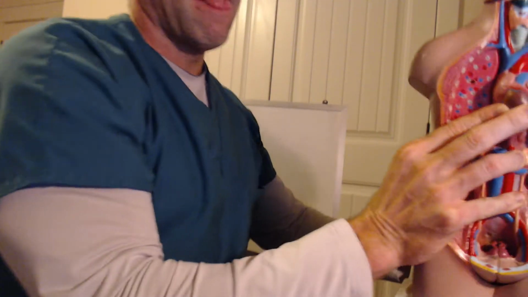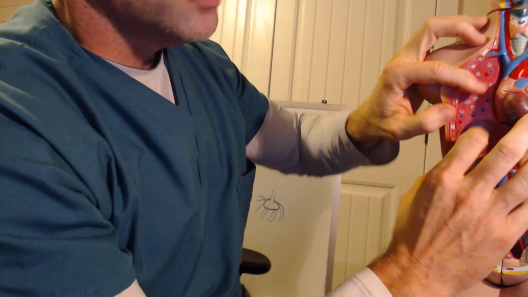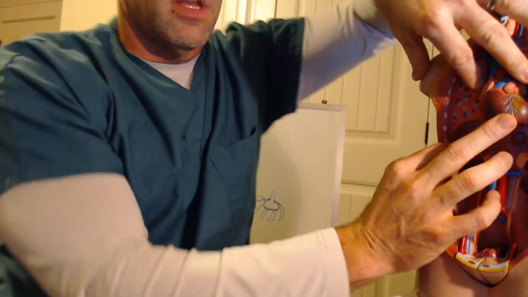Okay, because again, remember, the right ventricle only has to pump the blood to right here, where the lungs are located.